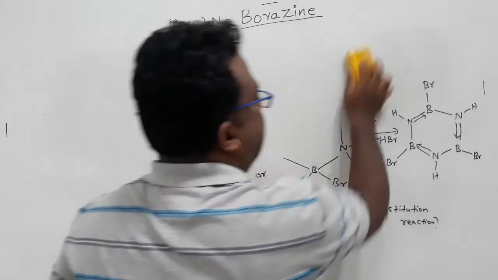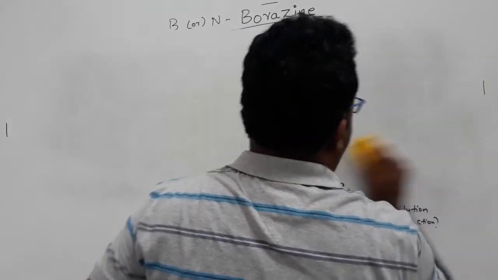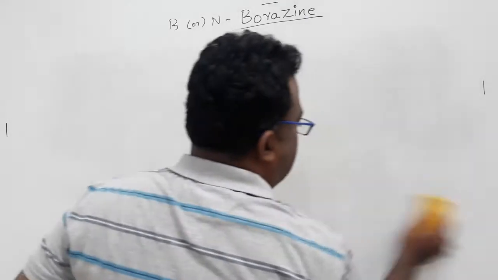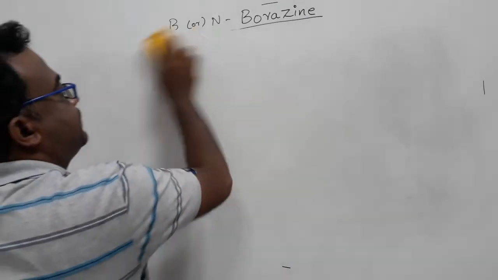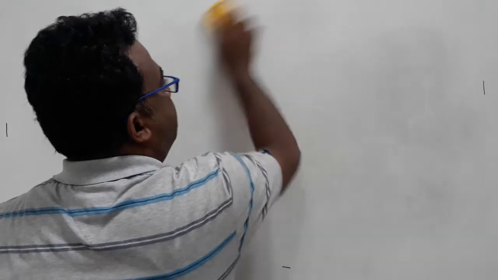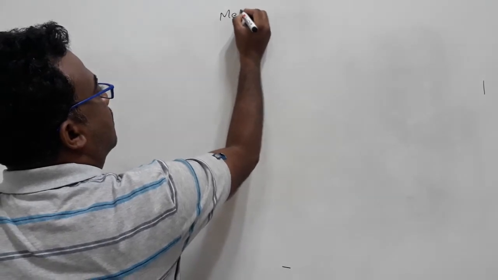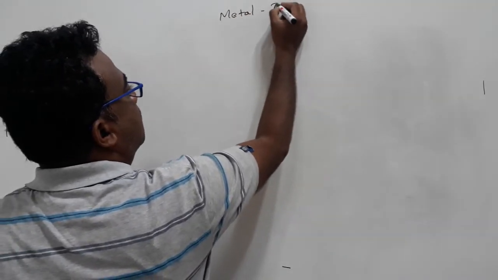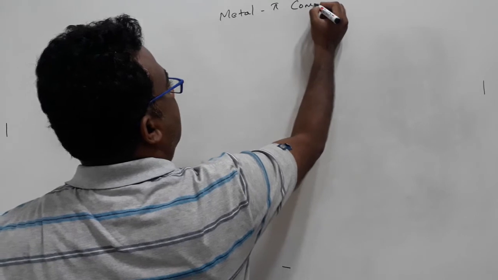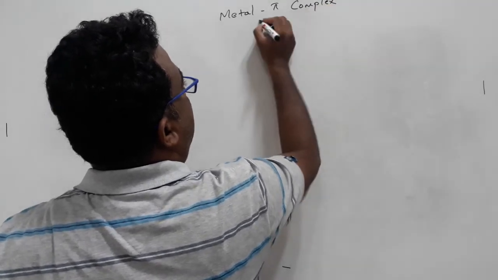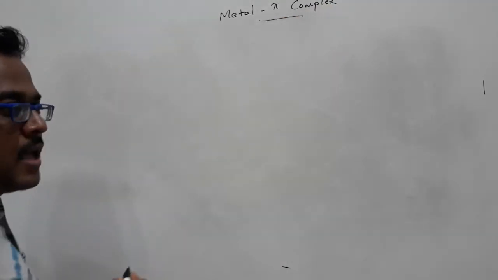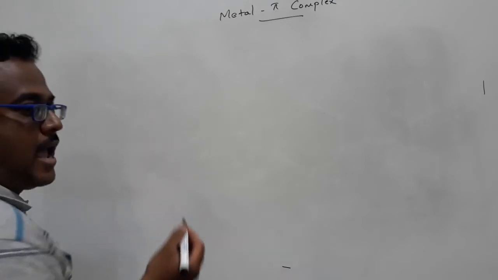How can it react with metal carbonyls, especially regarding metal pi interactions? Metal pi complex. We all know hexamethylbenzene.